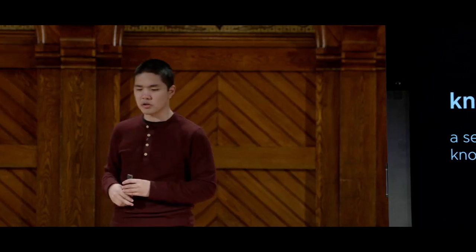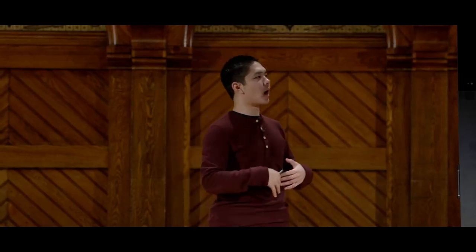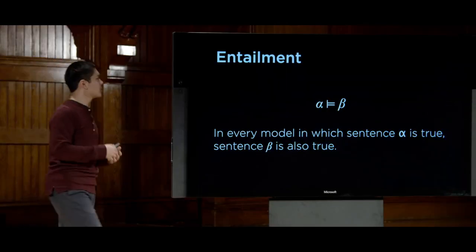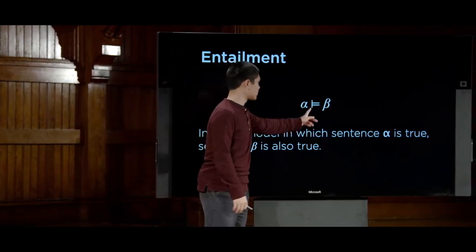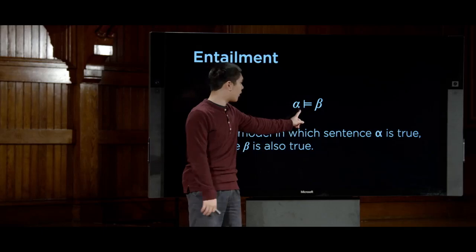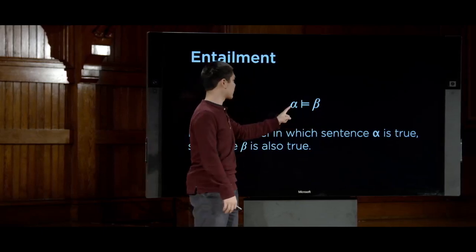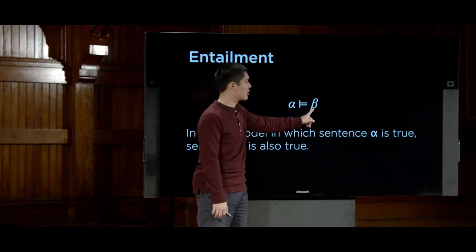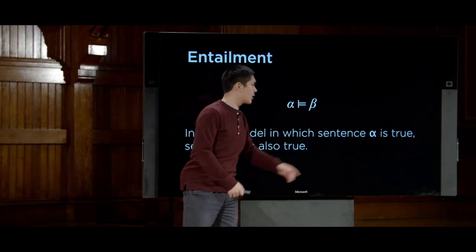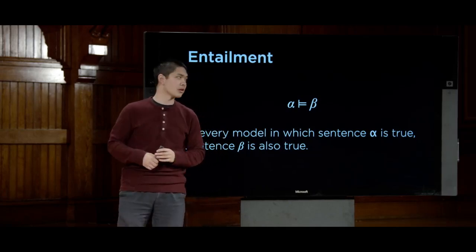Well, to understand those conclusions, we'll need to introduce one more idea, one more symbol, and that is the notion of entailment. So this sentence here, with this double turnstile and these Greek letters, the Greek letter alpha and the Greek letter beta, we read as alpha entails beta. Alpha and beta here are just sentences in propositional logic.